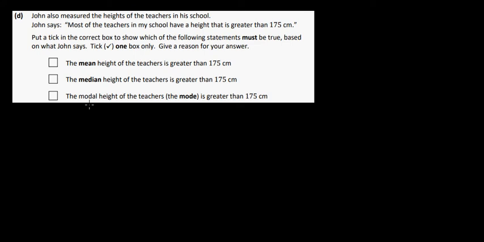The median, well, let's look at the mode next actually. The mode height of the teachers is greater than 175. Well, the modal height would mean that a particular height occurs more often than any other height, but normally when it comes to continuous data, you wouldn't have a mode.